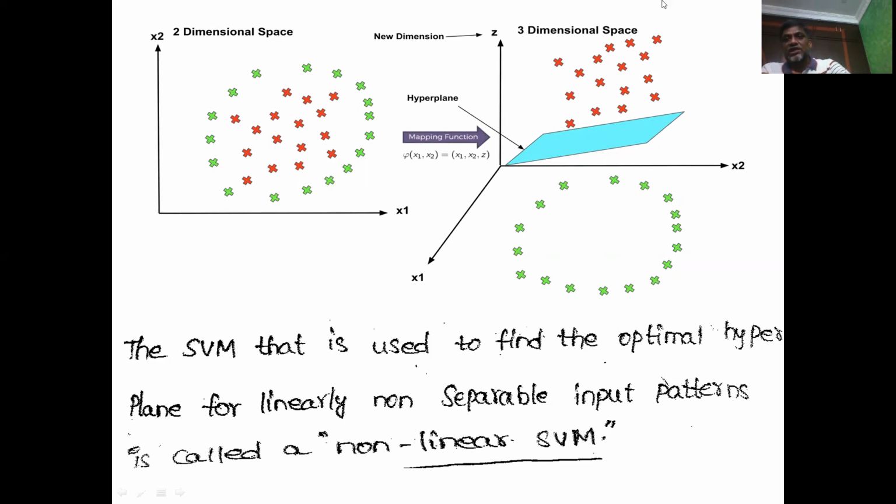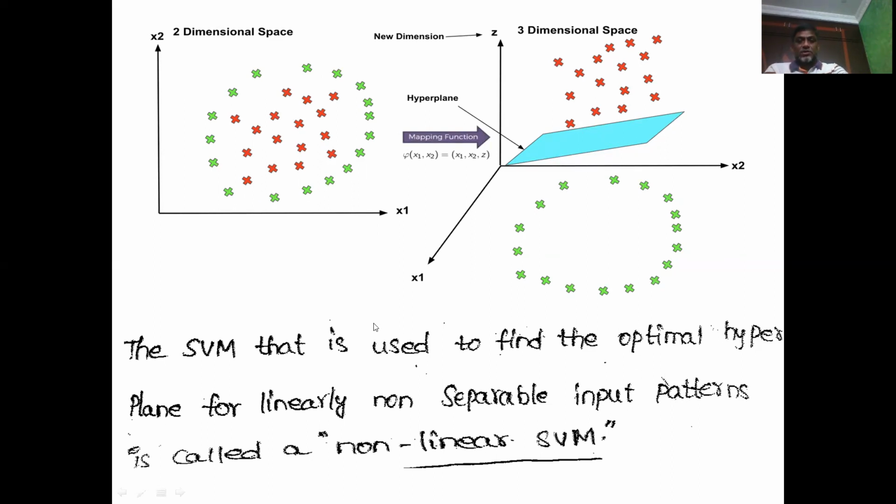Higher dimensional space always allows us to separate the input patterns linearly. That is the reason why we are mapping the input space into feature space. So this is called input space, which is low dimension, and this is called feature space, which is high dimension and which is linearly separable. This is not linearly separable.